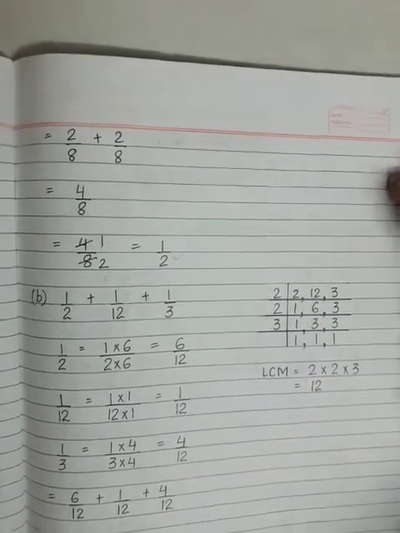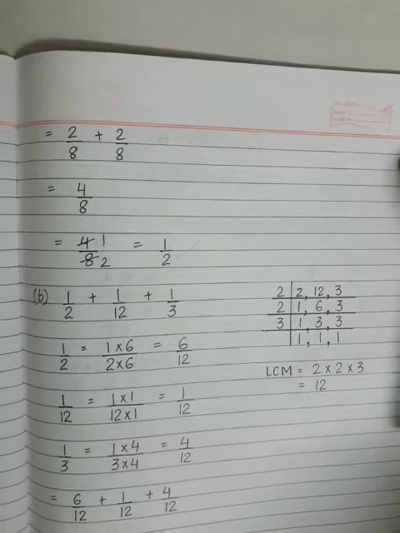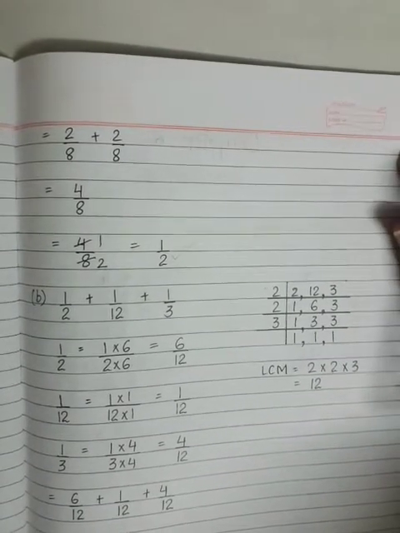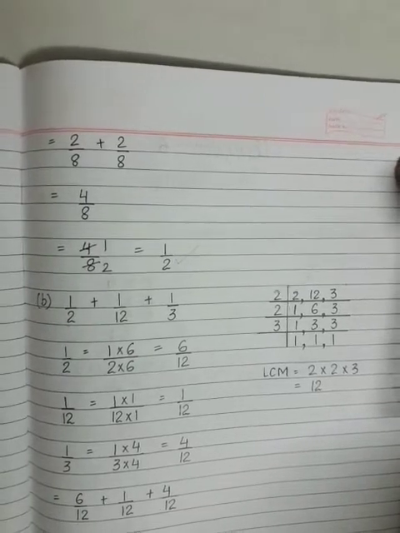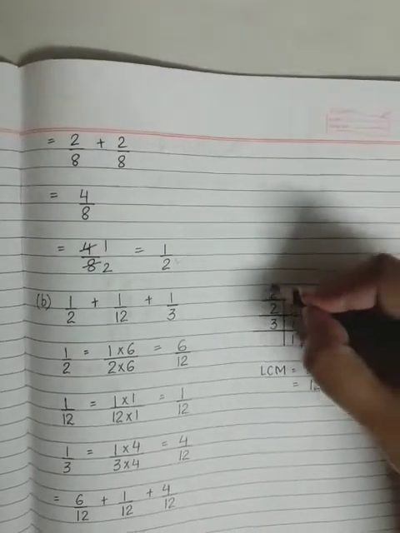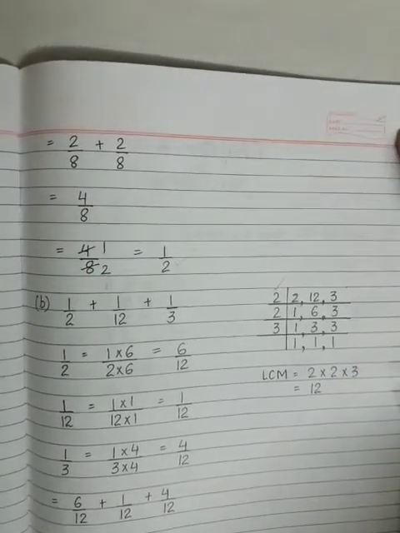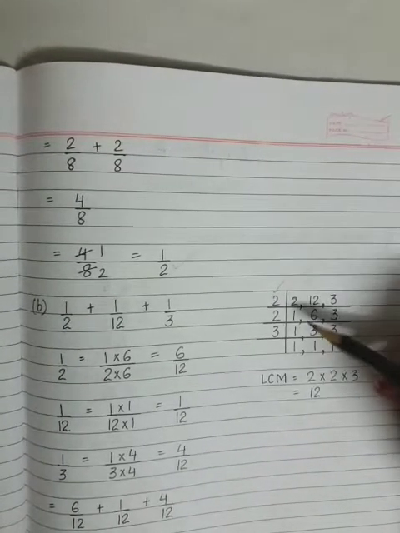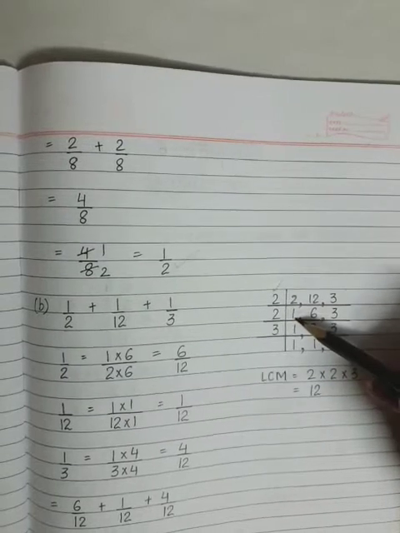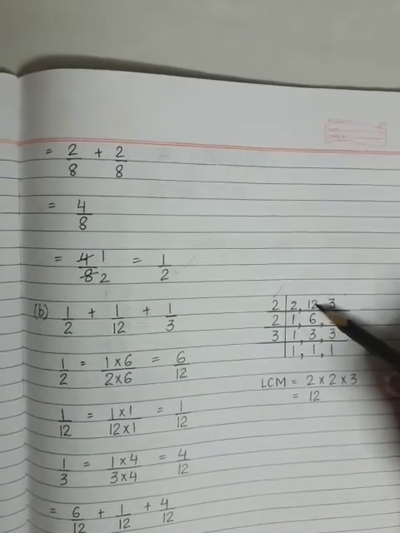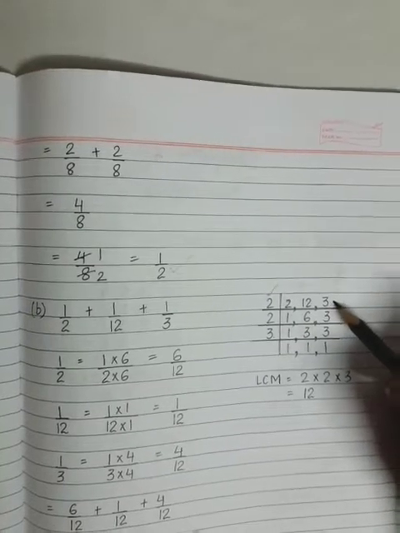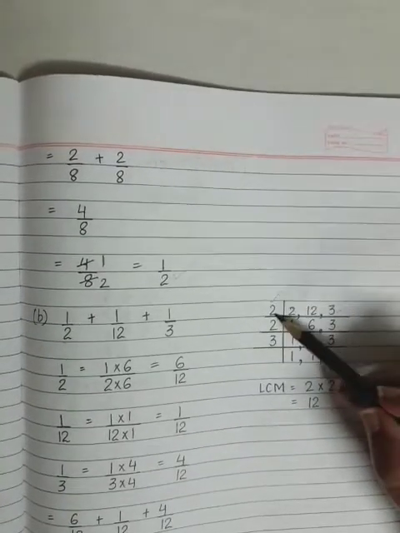Okay. Then, following the first step, divide the numbers by the smallest prime number which divides all the numbers or at least one of the numbers. So, we write 2 here because 2 is the smallest prime number which is dividing at least 2 numbers. 2 divided by 2, 1. 12 divided by 2 is 6, and 3 is not getting divided by 2.